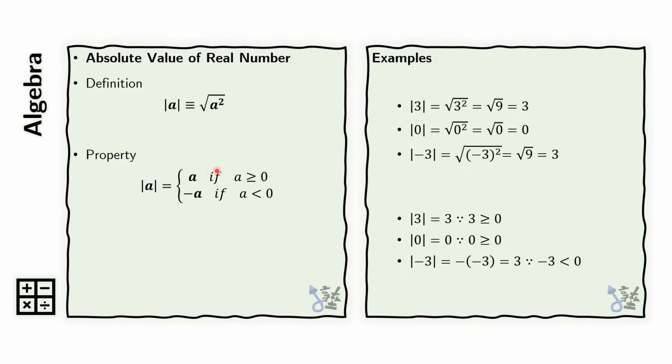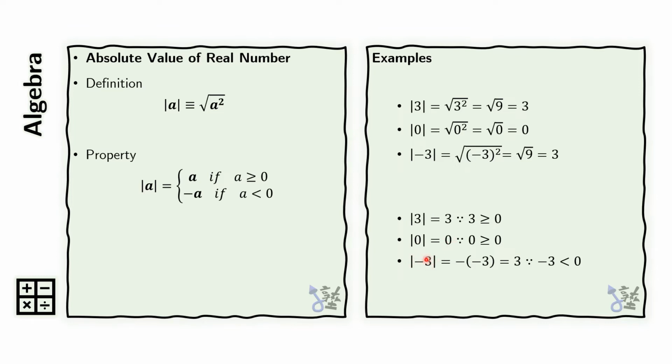Now, if we try to apply this with our example here, let's try to get the absolute value of 3. 3 is a positive number, and so we just remove the absolute value signs like here. So the absolute value of 3 is simply 3. The same is true with 0. Because 0 is greater than or equal to 0, we can just remove the absolute value signs, and we're left with the absolute value of 0 is just 0.